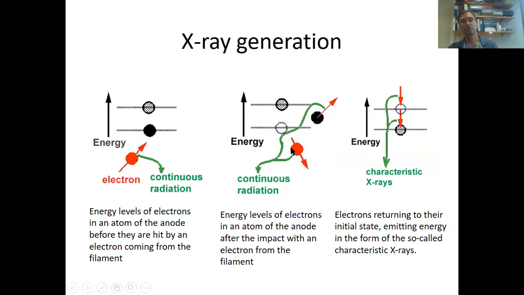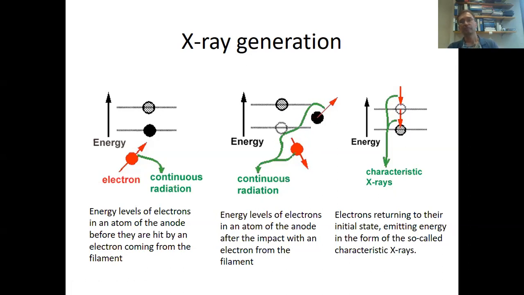Both electrons have a certain velocity, so both send out electromagnetic radiation, and the wavelength again depends on the velocity. Therefore, again, these electrons send out continuous X-ray radiation.